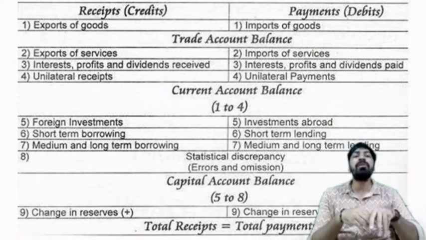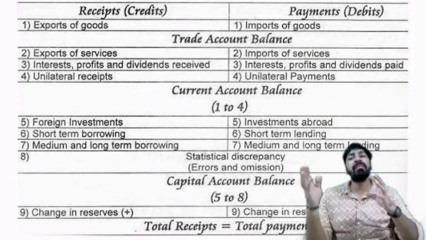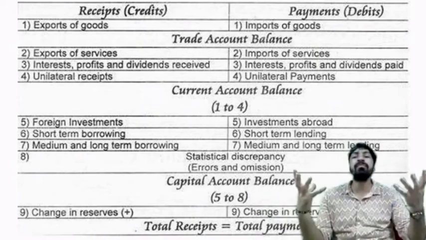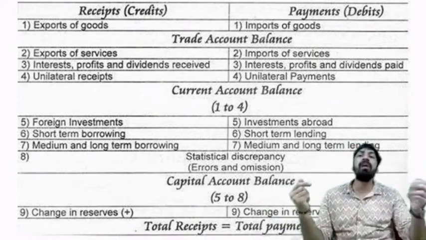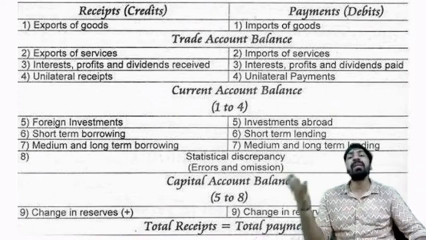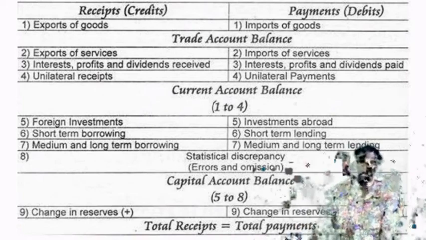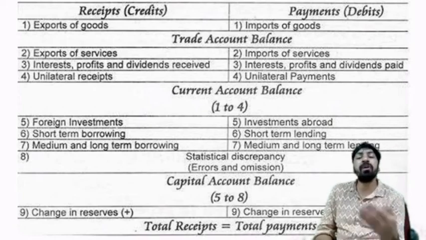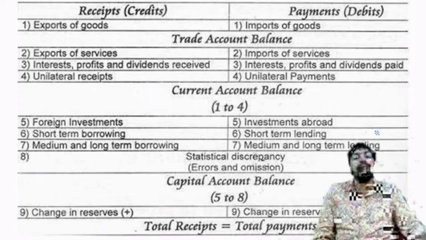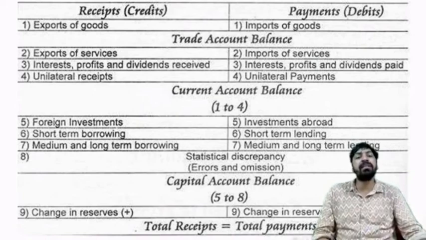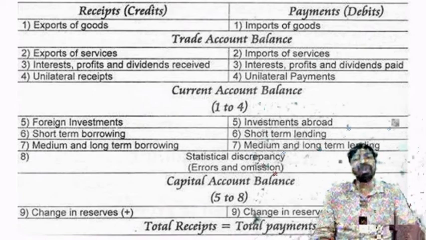So if we talk about export of goods and the payments or import of goods, that is trade under the trade account balance, the receipt items and the payment items are already shown on the particular slide or PPT. And when you talk about the current account balance, these are the exact items shown as 1 to 4 and the payments.